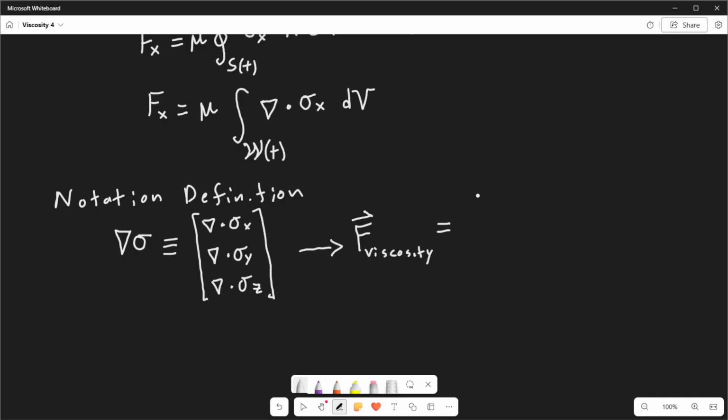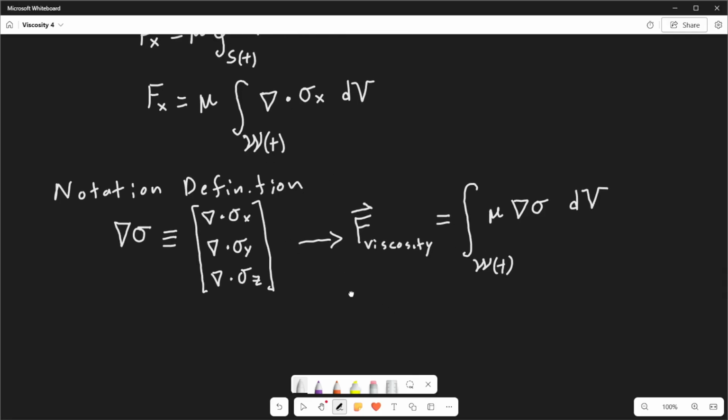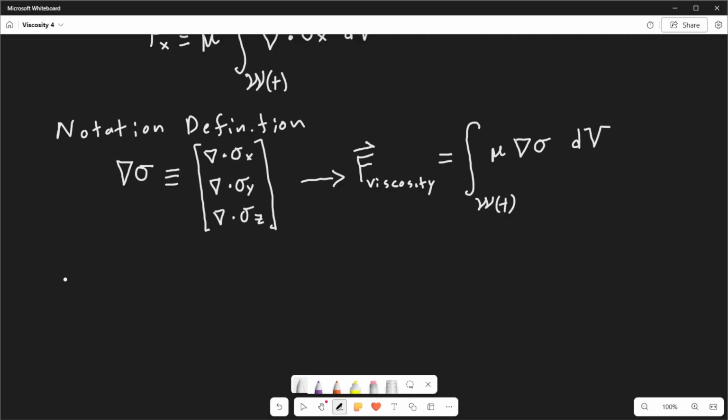It's going to equal the volume integral of mu, this new symbol sigma, dV. So that's a significant part of the simplification, but there's actually even more simplification that can be done.